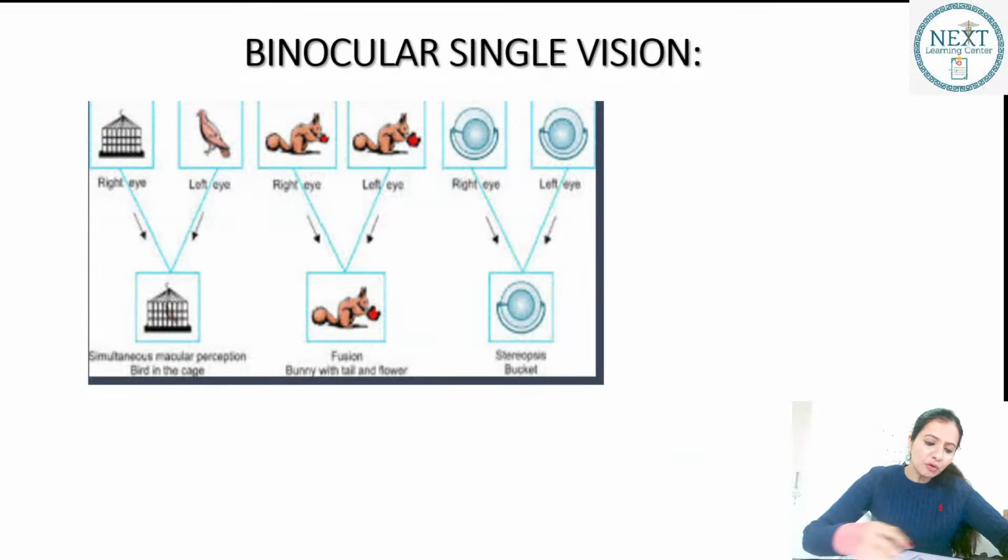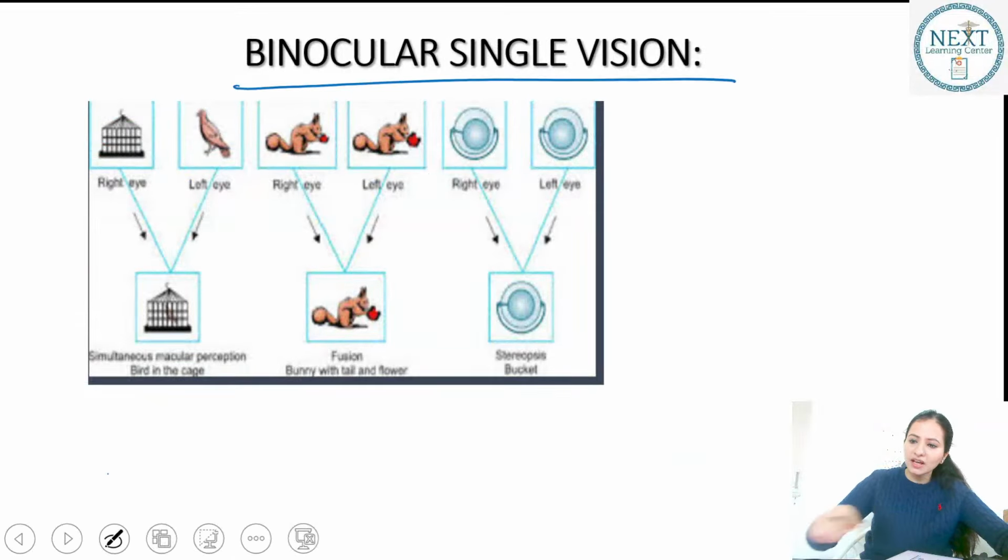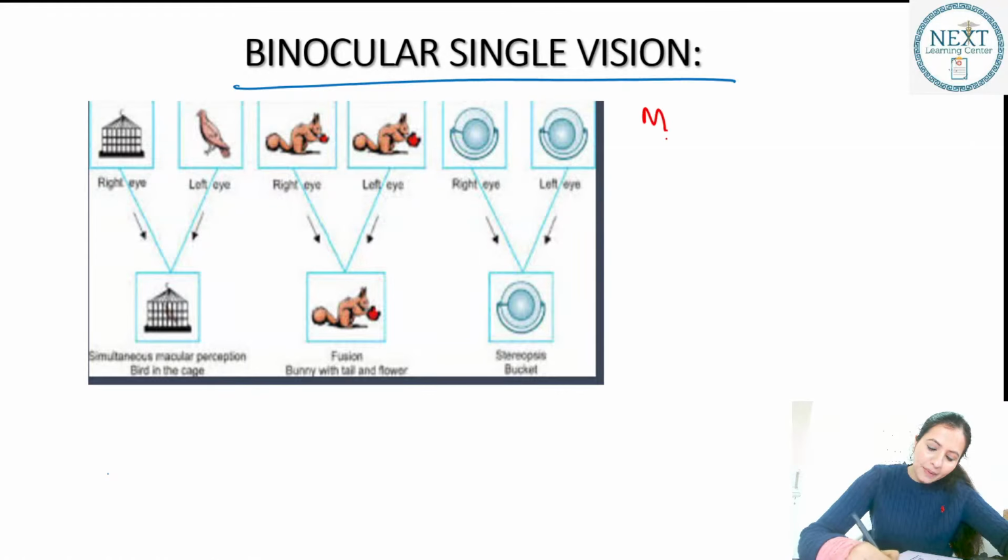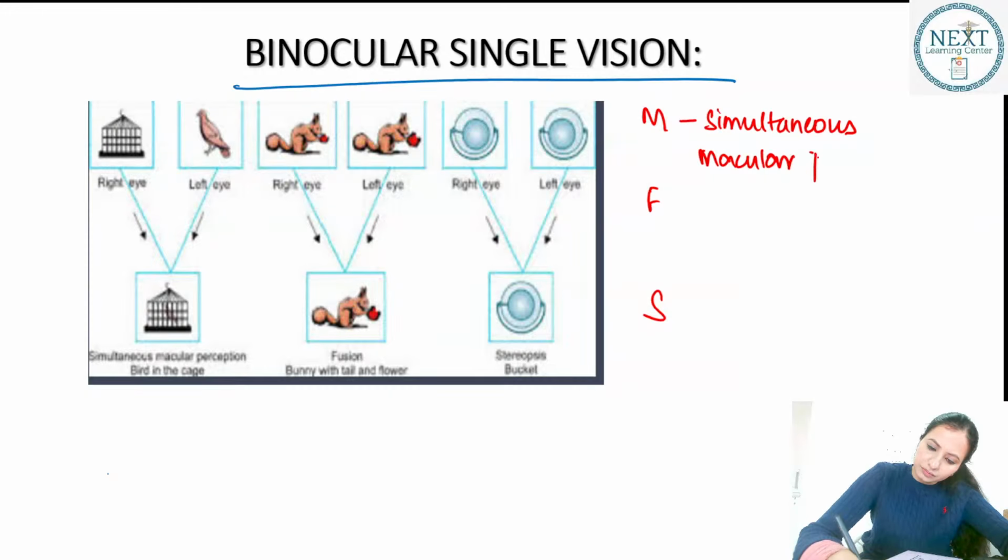Now, if we move on to binocular single vision, we have got 3 grades of binocular single vision. The mnemonic for that is MFS. M is simultaneous macular perception, F is fusion and S is stereopsis.